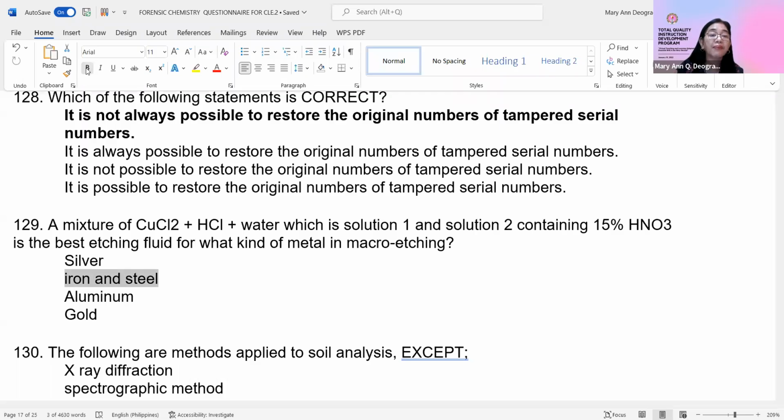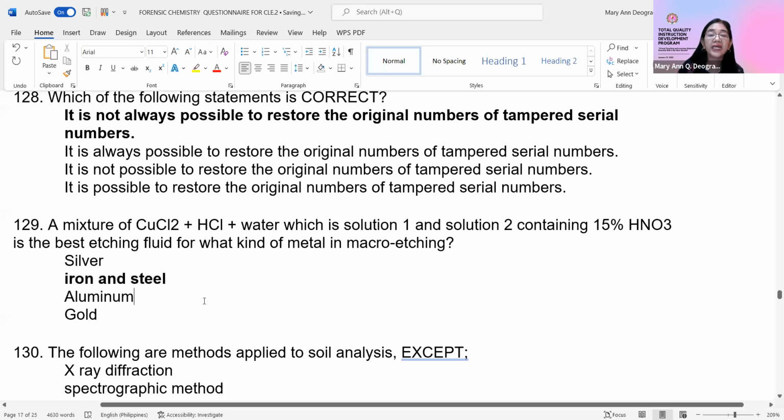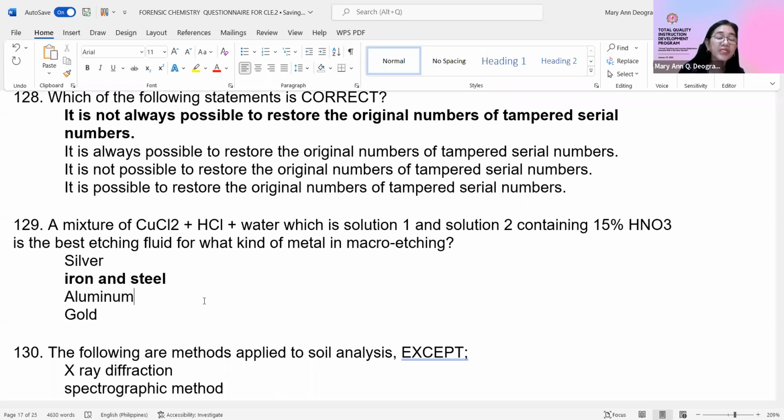The most commonly tampered serial numbers are anyway motor vehicles, mga chassis ng sasakyan, tsaka mga firearms, di ba? Serial numbers ng firearms. Gawa ito sa iron and steel. So, the etching fluid which is usually used are composed of solutions number 1 and number 2. So, laging yan ang ginagamit.